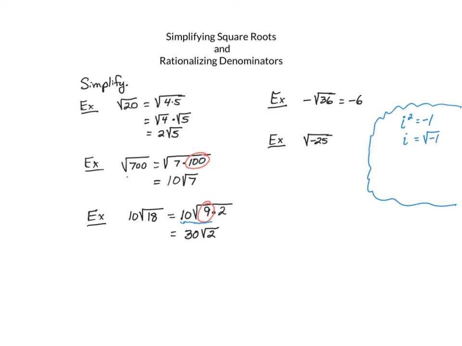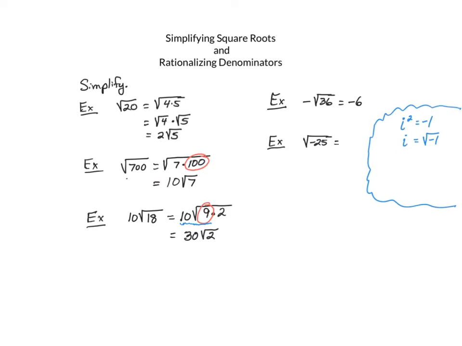So when I'm looking at the square root of -25, I'm going to think of that as the square root of -1 times 25. So this square root of -1 is equal to i.